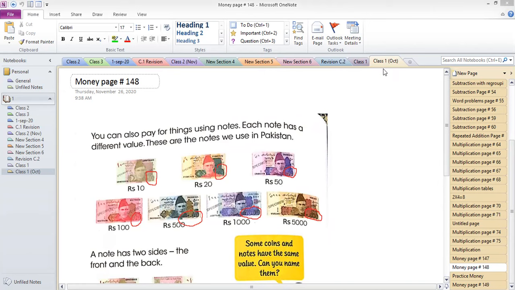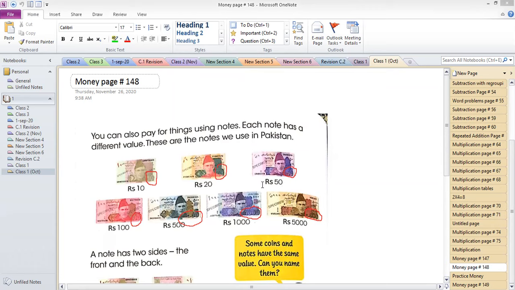Now, we're studying the unit on money, and we have discussed the basics of money and different currencies. We have studied that every country has its own currency, and in the book we can find Pakistani currency notes in the pictures, and there are exercises related to them. So we should know their denominations also.